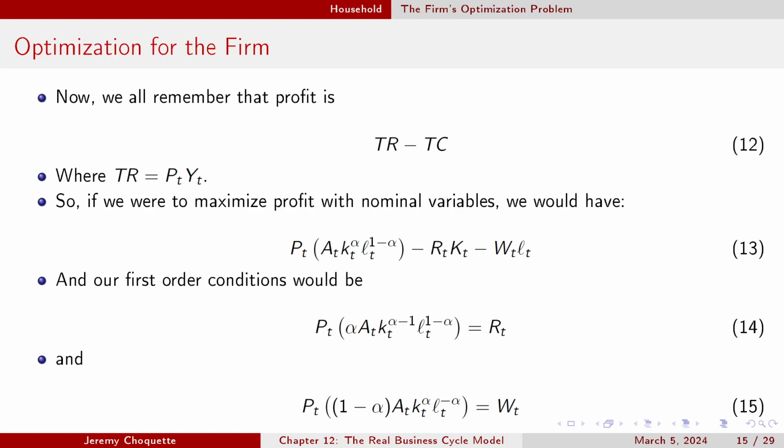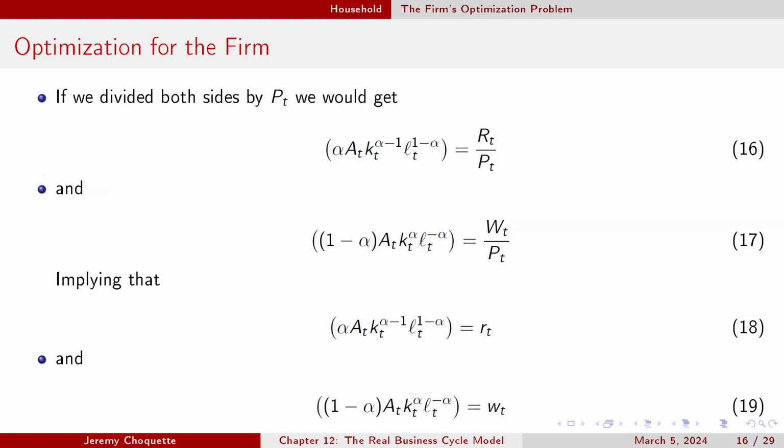So we're going to take equations 14 and 15 and divide them by the price level. So now I get the marginal product of capital equals the nominal interest rate divided by the price level, and the marginal product of labor equals the nominal wage rate divided by the price level. Well, the nominal interest rate divided by the price level is the real interest rate, and the nominal wage rate divided by the price level is the real wage rate.